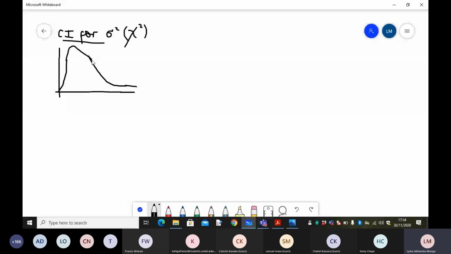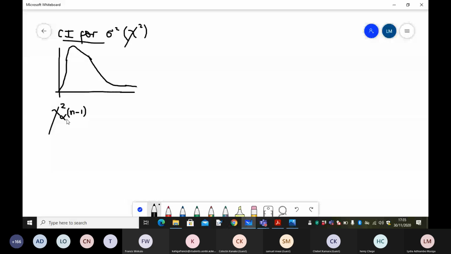Remember that when we talked about chi alpha with n-1 degrees of freedom, we said that alpha refers to the area to the right.